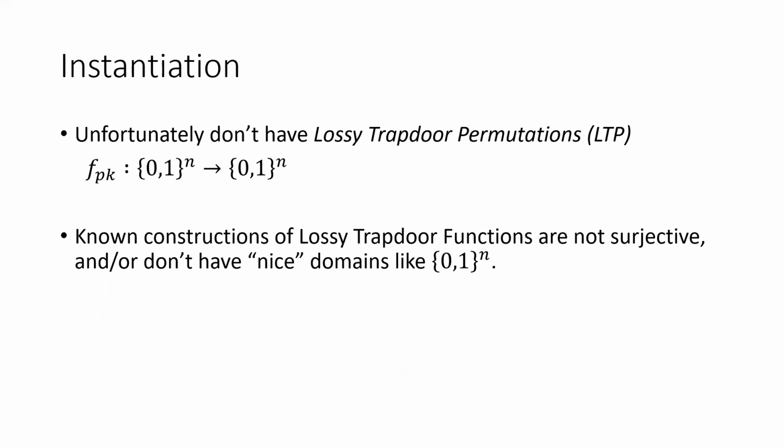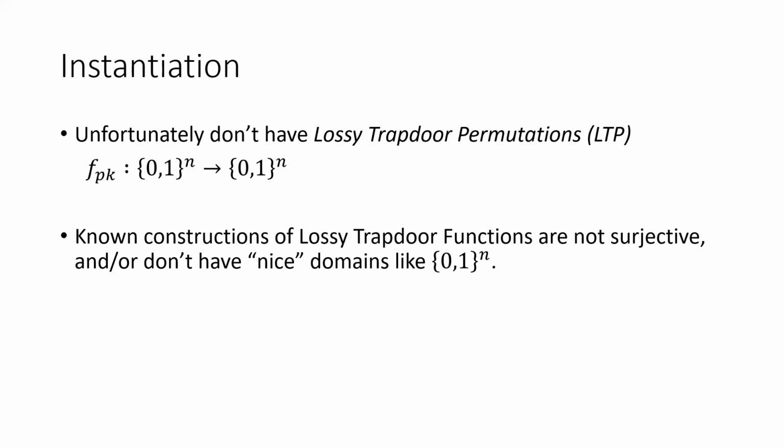I want to talk a little bit about the instantiation. So unfortunately, it turns out we don't have lossy trapdoor permutations that are this nice. In fact, if you think about lossy trapdoor functions, which is an area that's received a lot of study, there's a lot of constructions of lossy trapdoor functions. They're injective, but they're not surjective. Like the constructions we have from DDH or LWE, almost all of the constructions we have are not surjective.